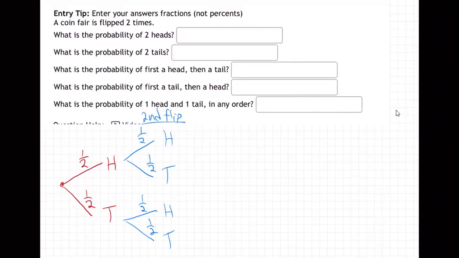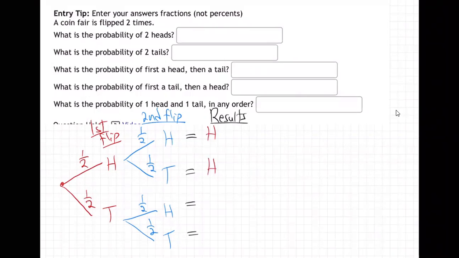So notice this is the second flip. And over here we have the first flip. First flip, second flip. And over here we have the results. And so what are the results? Well, the results, let me just write them out.